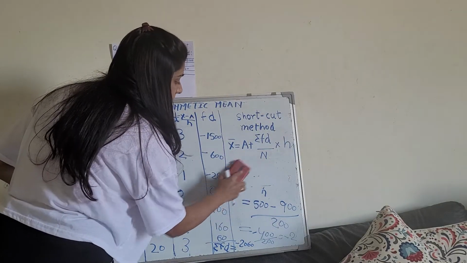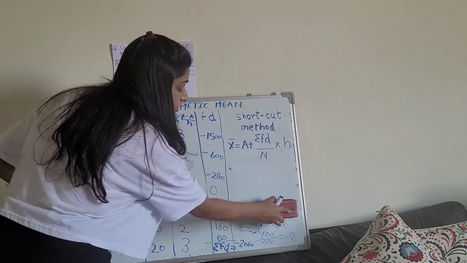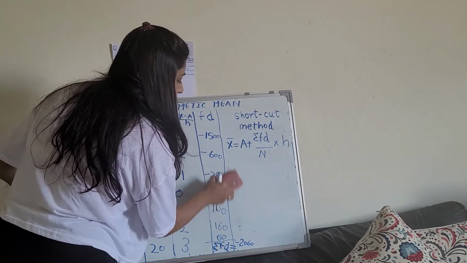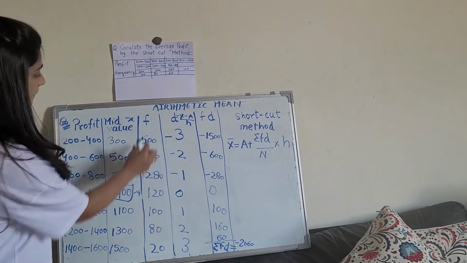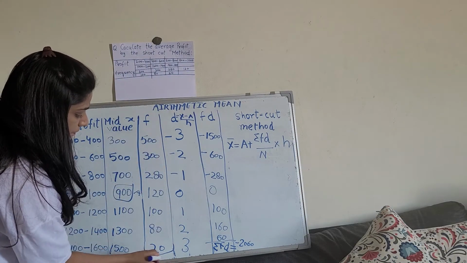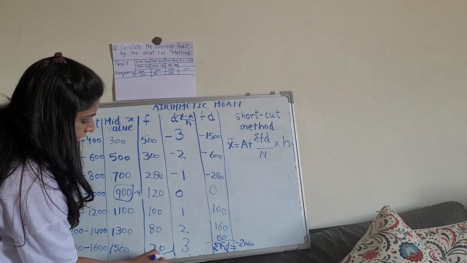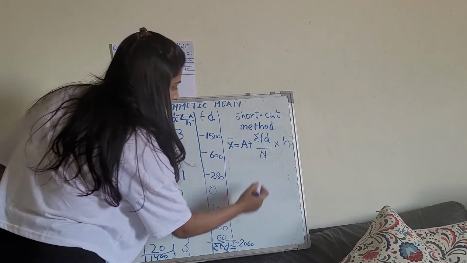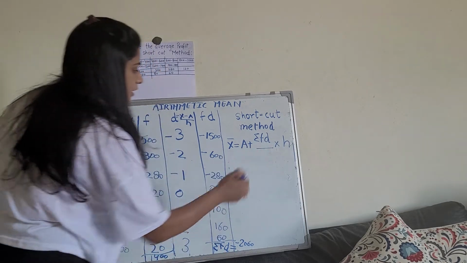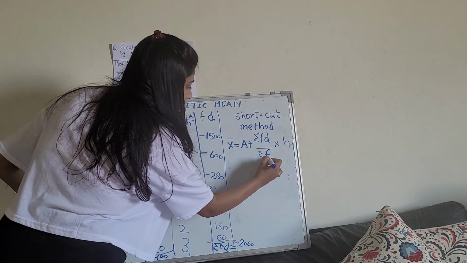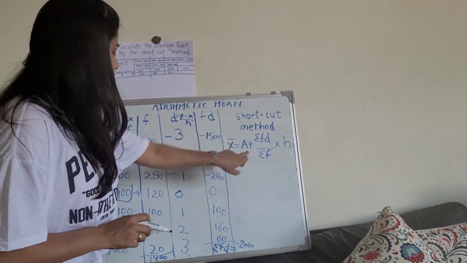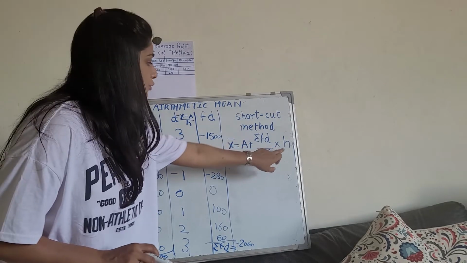N. If frequency is given in the question, N is the summation of F, sigma F. If we add all these frequencies, we get 1400. So N is 1400. A we have 900, and h we have 200.